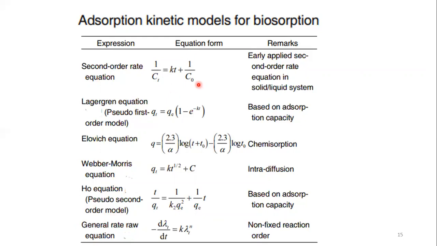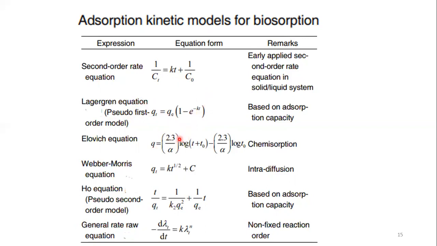Ct and C naught: Ct is the concentration at any time, let's suppose at 5 minutes, 10 minutes, 15 minutes, and then equilibrium. That was early applied as a second order rate equation in solid-liquid systems. Then there is the pseudo first order Lagergren equation; sometimes we call it the pseudo first order model as well. Here we have the adsorption capacity at any time and the adsorption capacity at equilibrium. We just put these in the equation and find out if it fits.